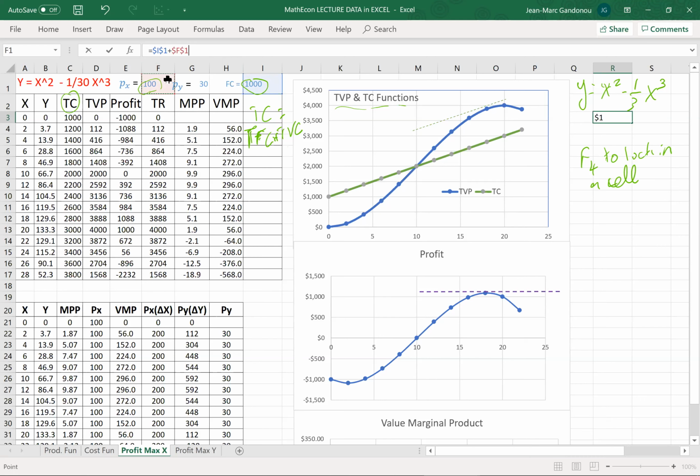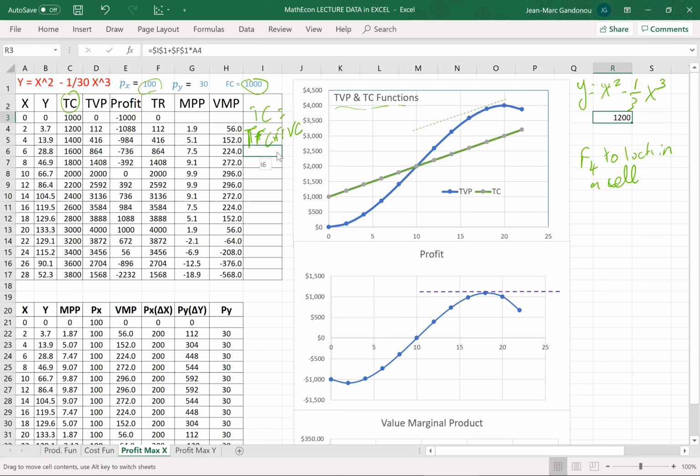Again, I press F4 to lock it in, and I multiply that by the input quantity. I click enter, and that gives me 1,200.